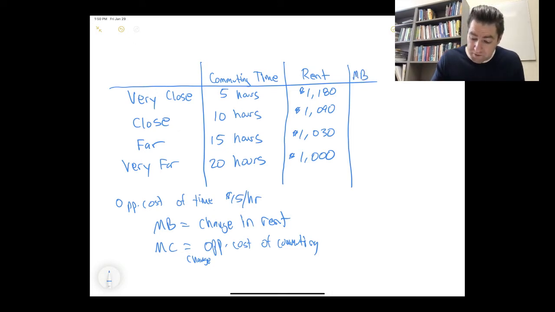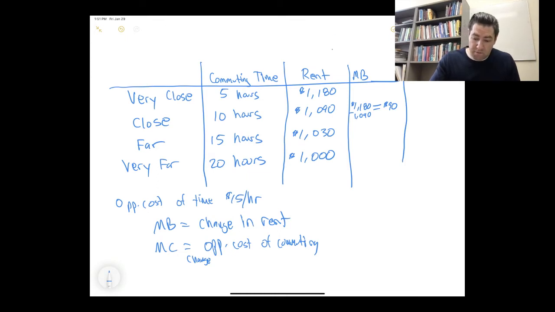The marginal benefit, as I've defined it in this example, is the decrease in my rent. So the marginal benefit here is 1,180 minus 1,090, which is $90. So I gained $90 by moving from very close to close.